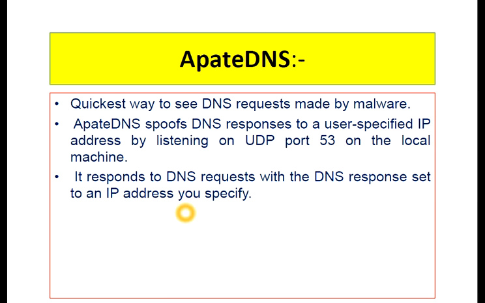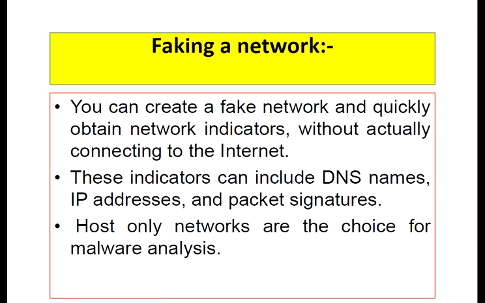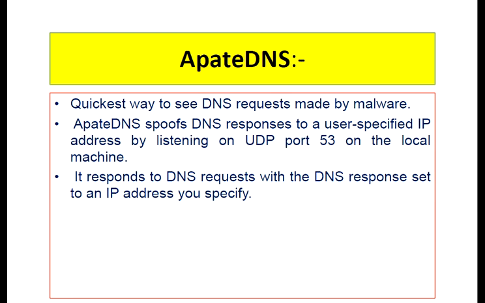Now we have different tools for performing this faking of a network, and APATE DNS is one famous among them. This is the quickest way to see DNS requests made by the malware. It spoofs DNS responses to a user specified IP address by listening on UDP, user datagram protocol, port 53 on the local machine.